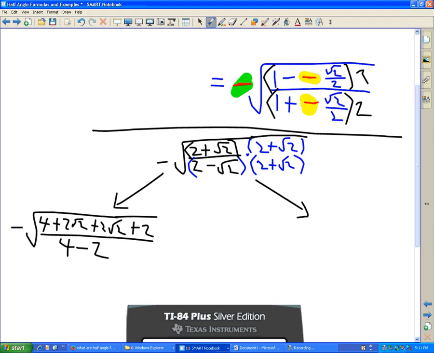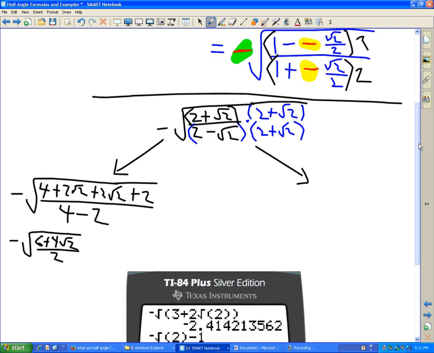Okay. Where do we go from here? Well, we're going to simplify a whole bunch. We're going to get 6 plus 4 root 2 divided by 2, which I can then factor out a 2 from the top, giving me 3 plus 2 root 2 over 2, and the 2's cancel, and I get negative square root of 3 plus 2 root 2.